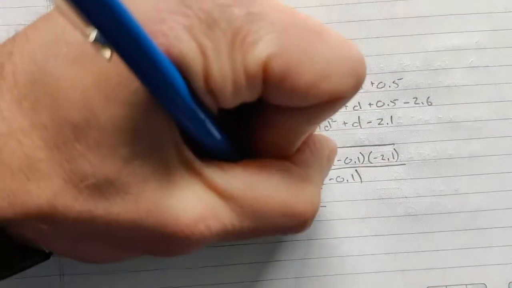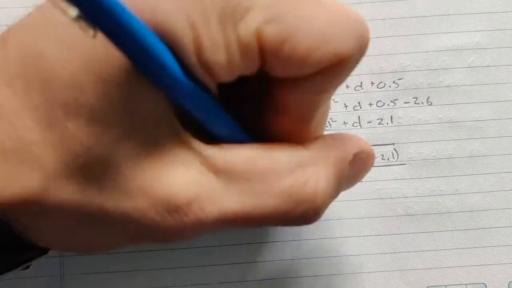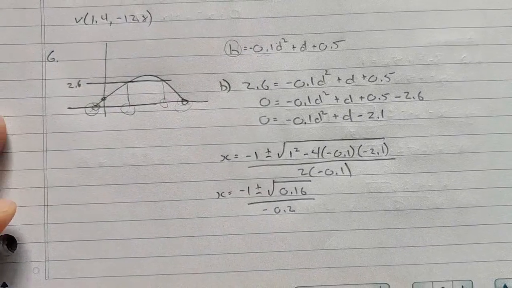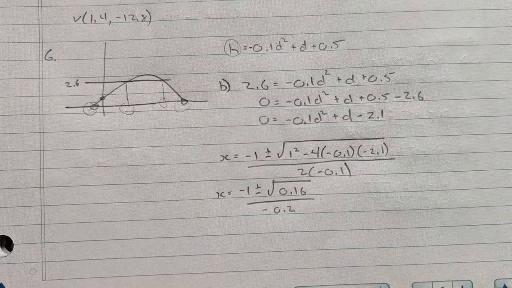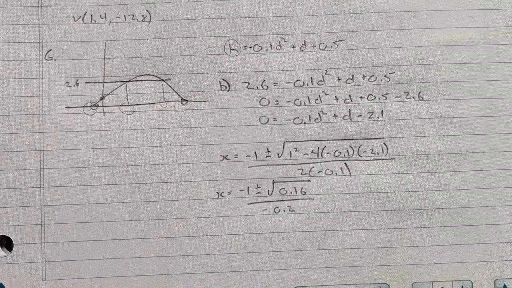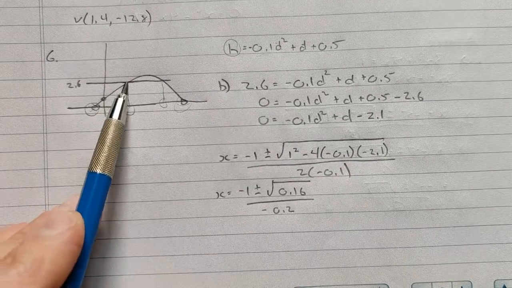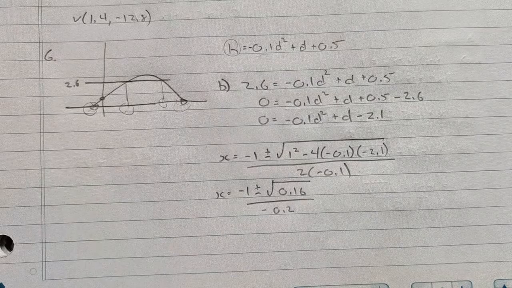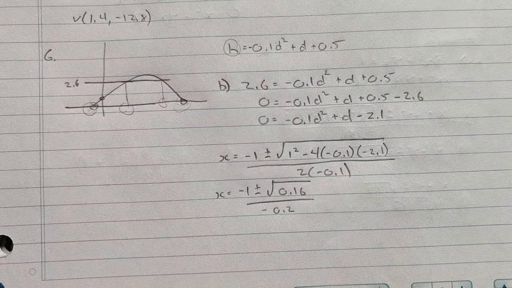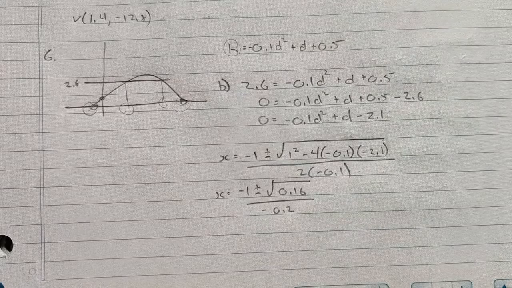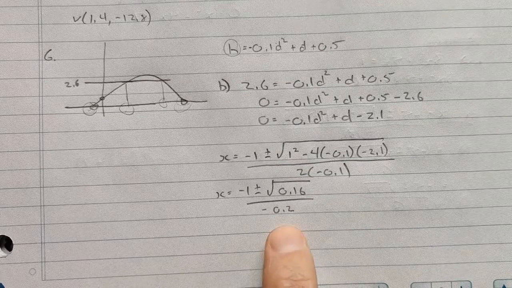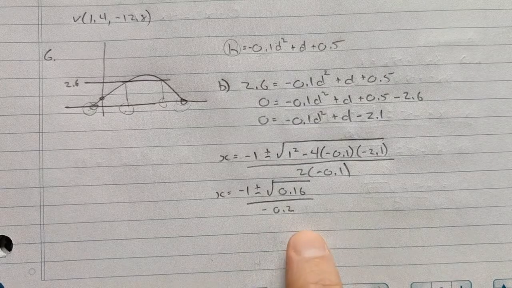over negative 0.2. Now, in this case, it makes sense to actually calculate the square root because, again, we're looking for specific values here. We want to find those two values and be able to state those, and we're looking at the values being in a useful position.